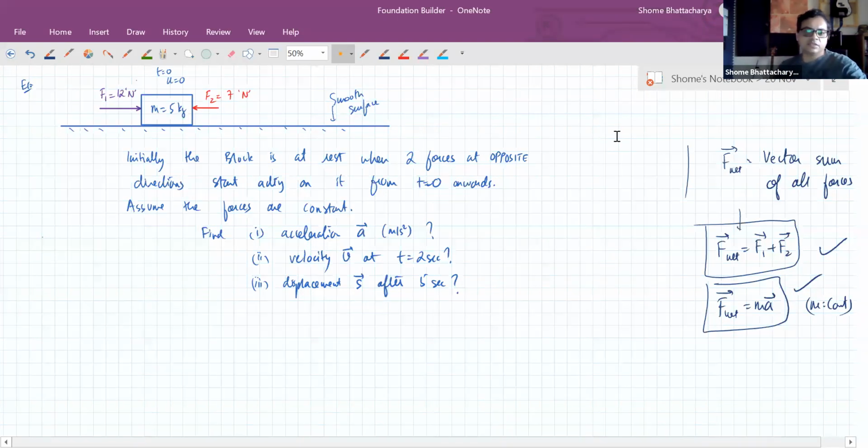Yes, Ruxar, very good, that's correct. And once you found the acceleration, it's very easy to find the other two things because you have to just use the kinematics equations.